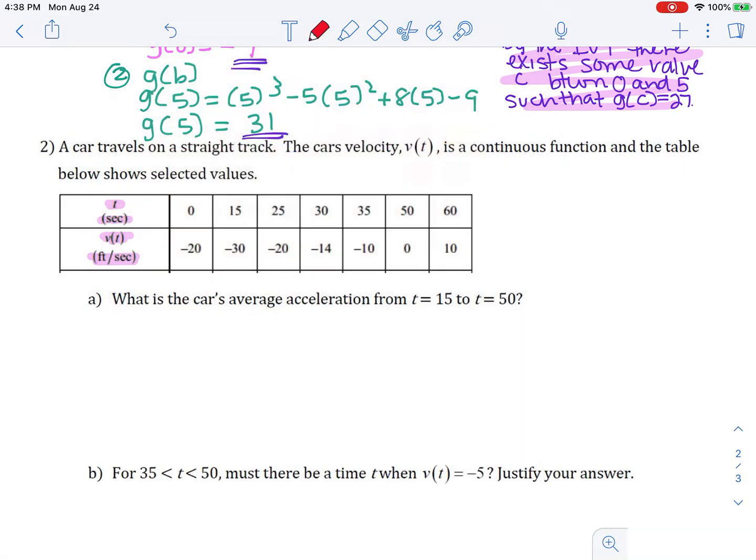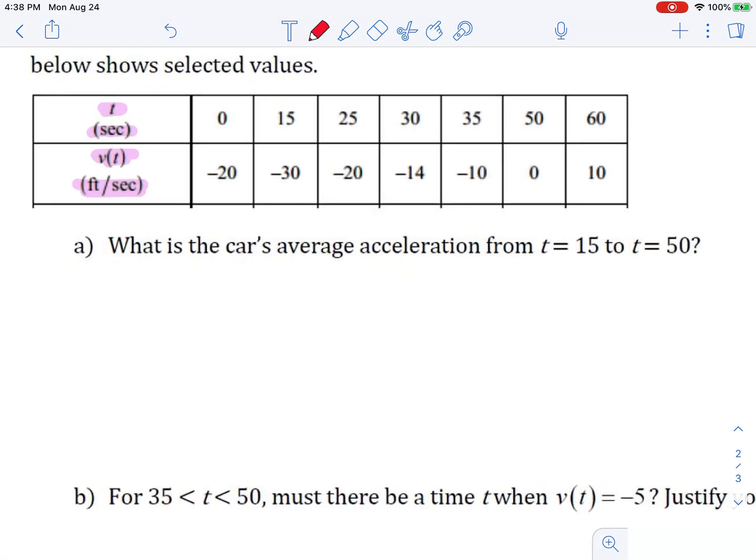Average acceleration. This isn't as important right now because we're doing intermediate value theorem, but average acceleration's formula is the change in velocity, so that's V of t, all over the change in time. Anytime we're doing change in something, think of that as slope.